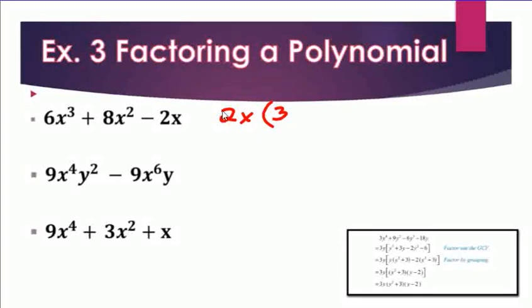X cubed divided by x is just x squared. And then I have 8 divided by 2 is 4. X squared divided by x is just x. Minus 2x divided by 2x is just 1. And there we have factored out that polynomial.